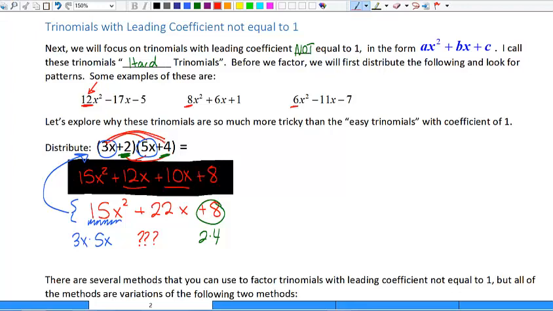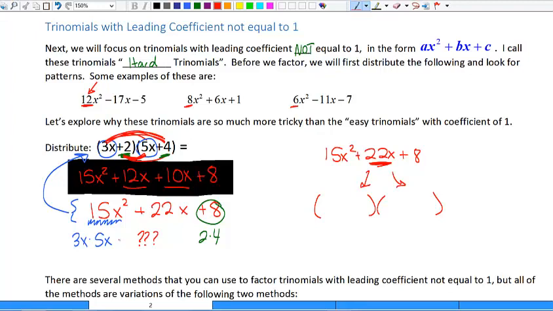So the 12x came from the outside numbers, and the inside number times the inside number got me 10x. But if I black out that middle part, you don't know. So the question is, if I start with 15x squared plus 22x plus 8, how am I supposed to know where this 22 came from when I'm trying to factor it? That's why this is so tricky.